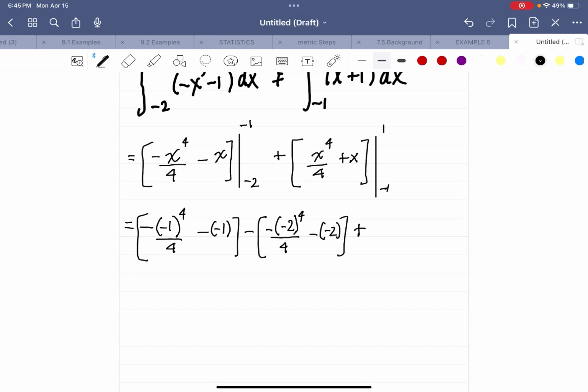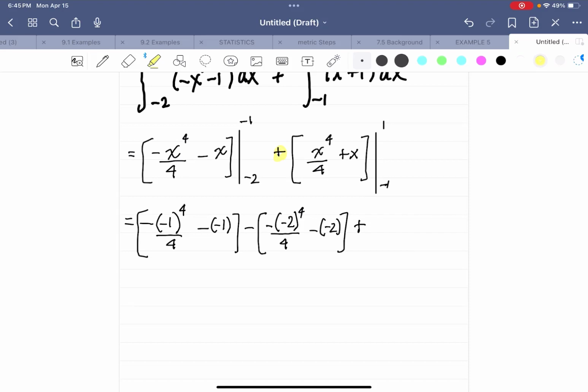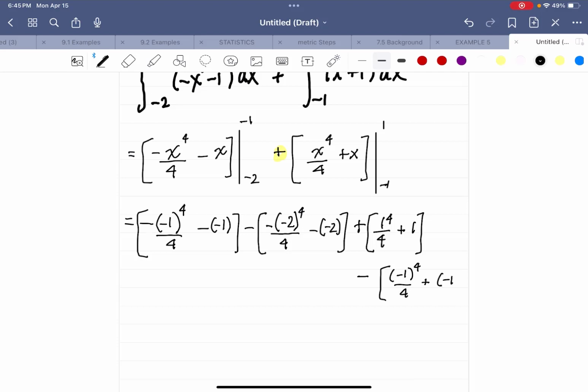Now this is going to be plus. This plus comes from this plus sign here. That's going to be 1 to the 4th over 4. I don't really need the parentheses when it's positive. Minus -1 to the 4th over 4 plus -1.